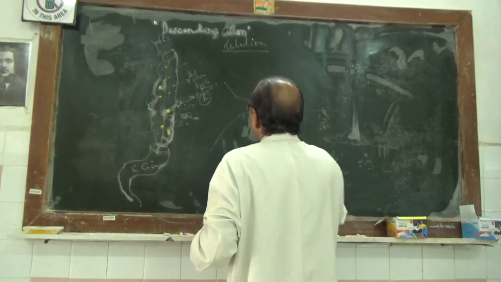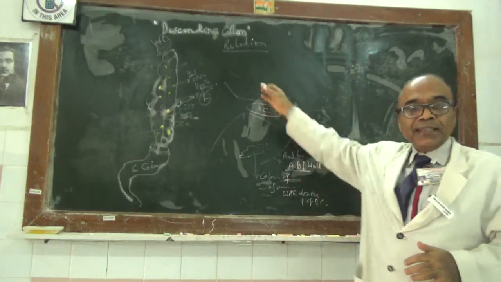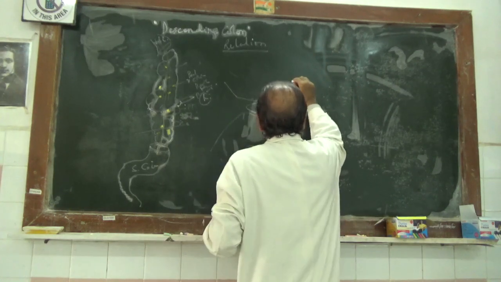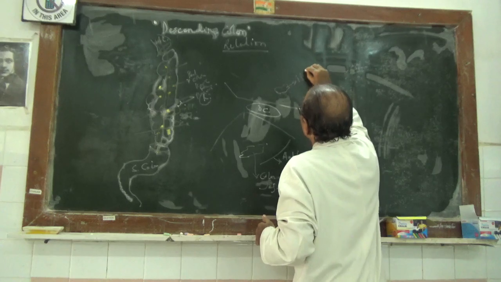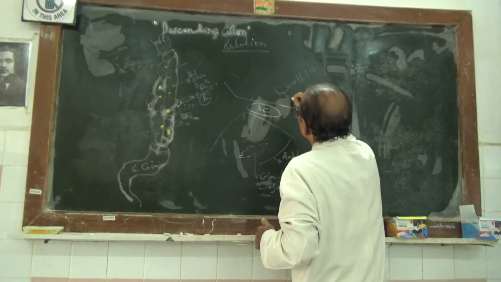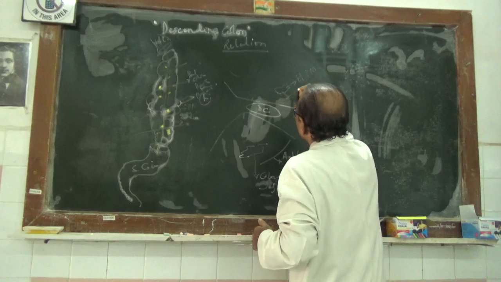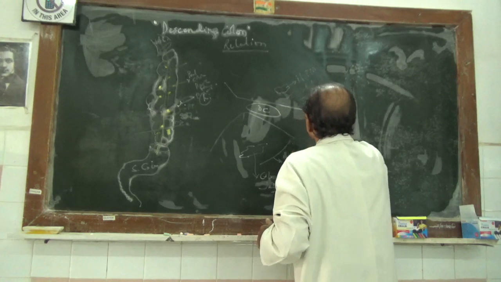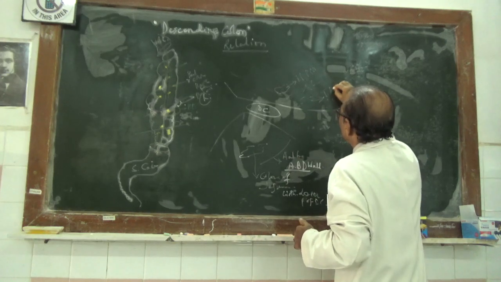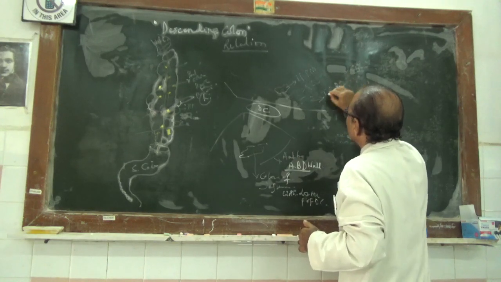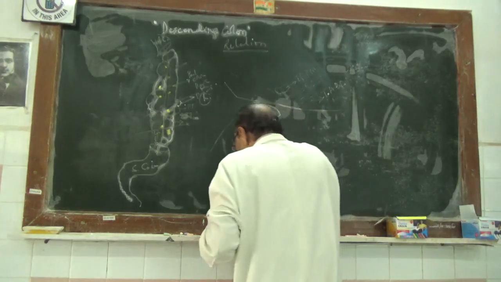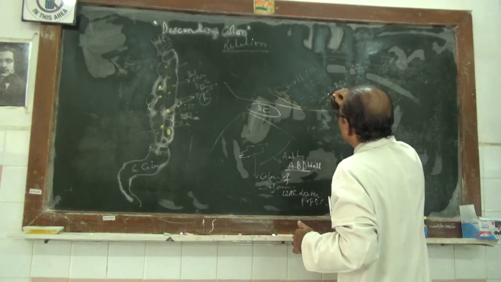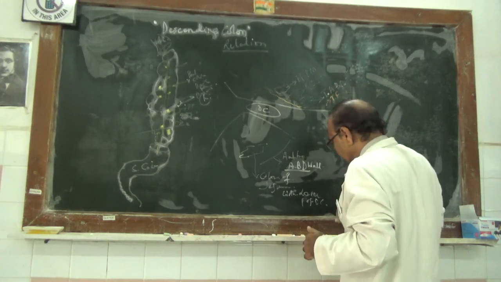Now what will you have behind? Now behind here you will first get the left psoas major partially, then the quadratus lumborum, then you will have the transversus abdominis. Then you will have the fascia covering them, that is the transversalis fascia.